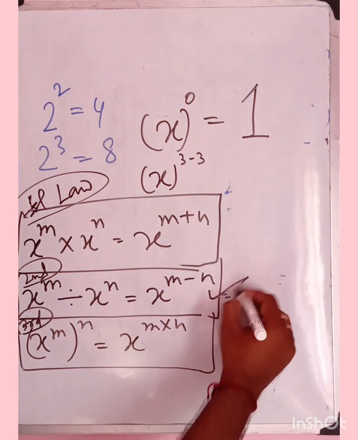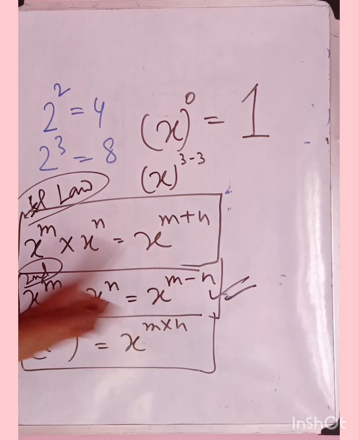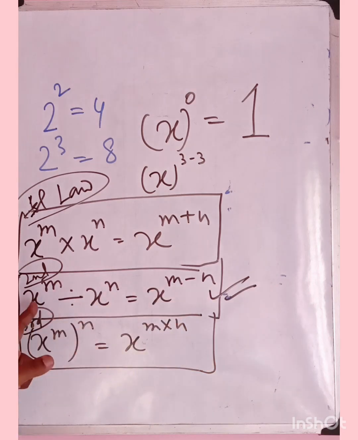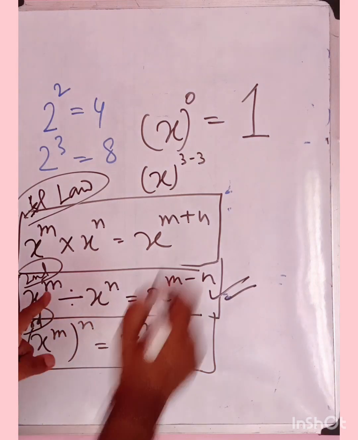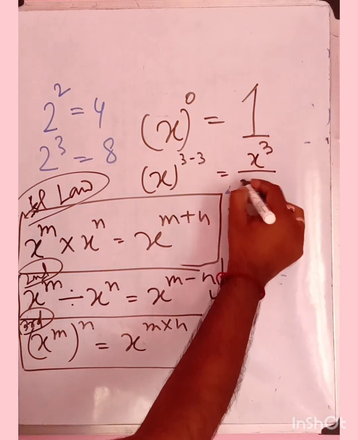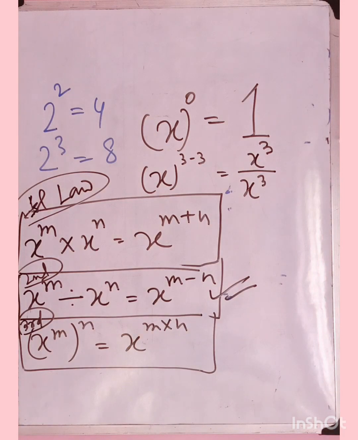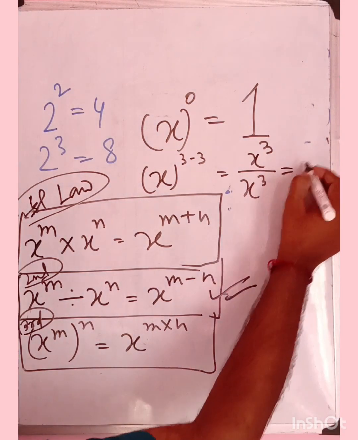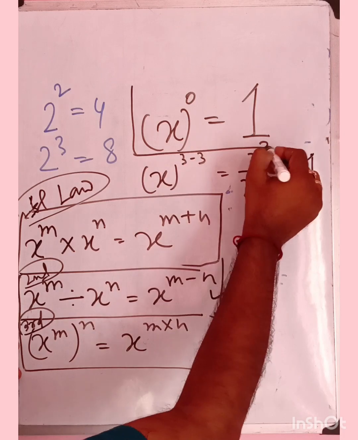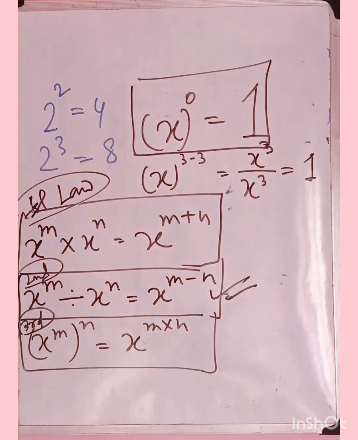Now according to the second law, you reverse it. x to the power m minus n equals x to the power m by x to the power n. So here m is 3, n is 3. Same number divided by the same number, 1. Got it? So this is your fourth law. Anything to the power 0 equals 1.